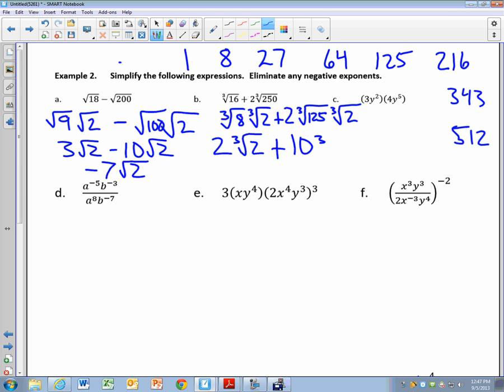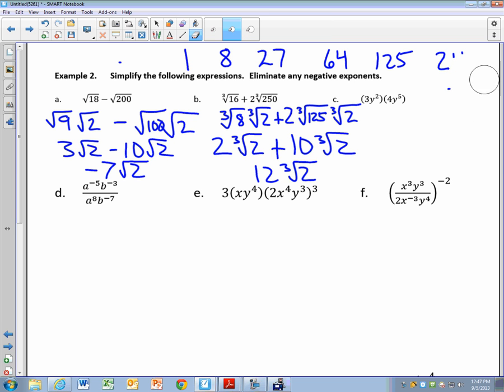Times 2 is 10. So 2 cubed roots of 2, 10 cubed roots of 2, 12 cubed roots of 2. Anybody get that on their own? A few? About 5, 6. Okay. So, very similar to this one, right? Almost identical. Just we're dealing with cubes. So, got to be able to move back and forth between those two.